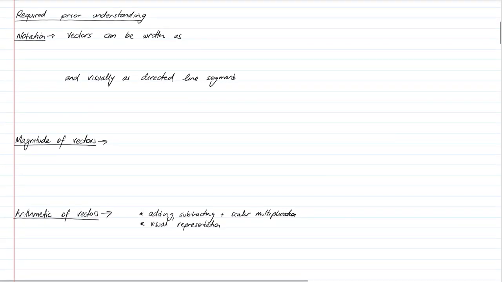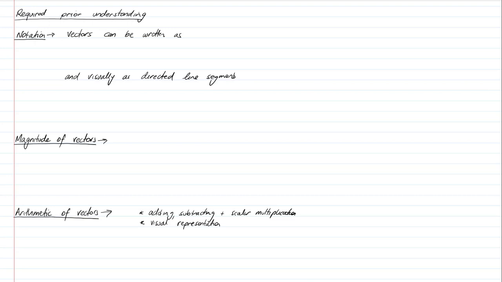Now let's have a look at stuff that you should or need to know, starting with notation. Vectors can be written in a few different ways, and you'll know them as these column matrices. They're a really common form of vectors, and you can technically write them as a row matrix, but that's really uncommon.